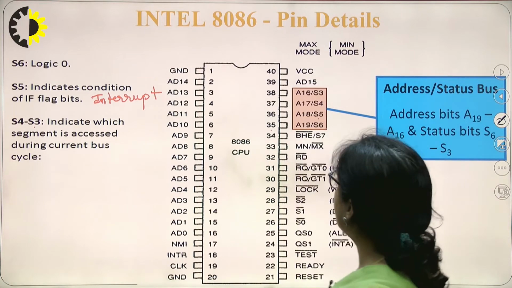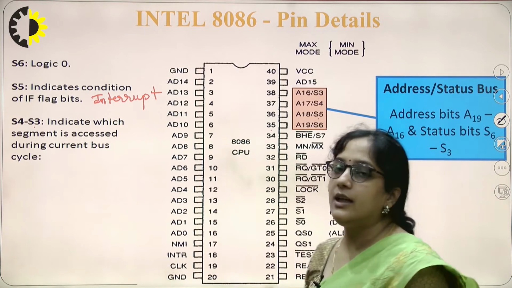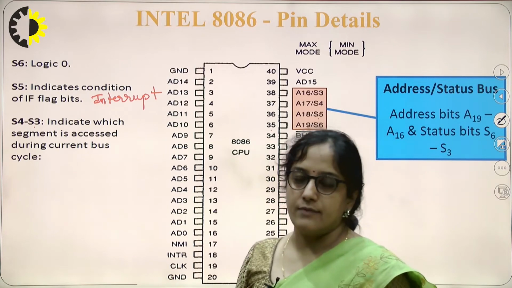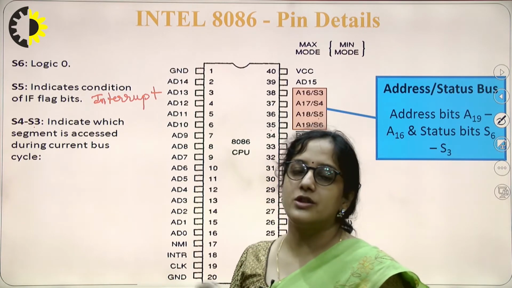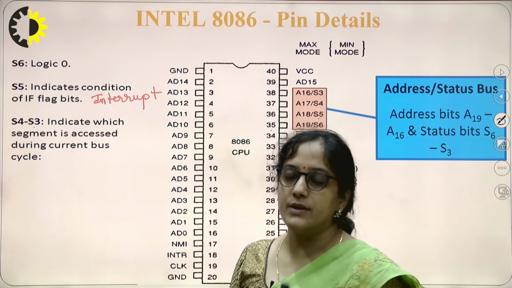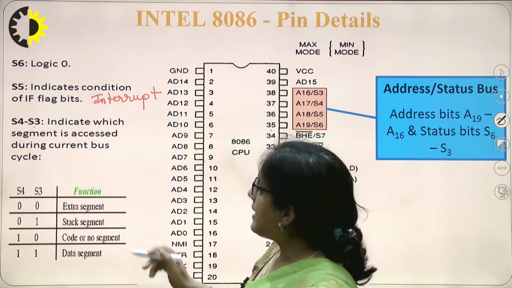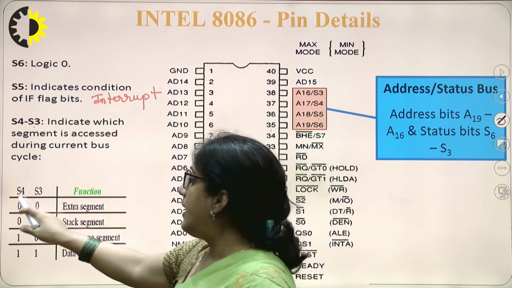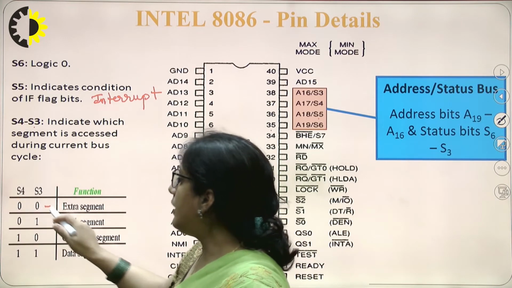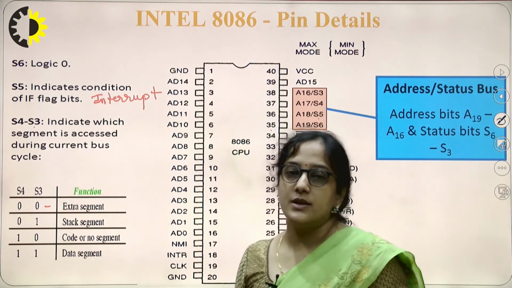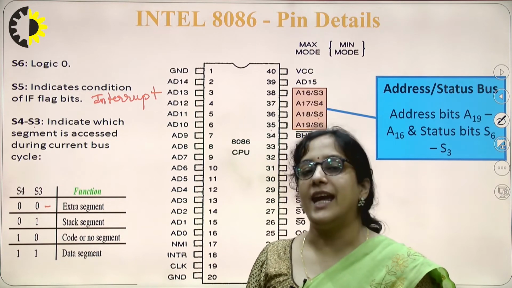So, the address lines carry which address, for stack segment or current code segment, meaning which part of memory the microprocessor is working with. If S3 and S4 are 00, it indicates that the 8086 is working with the extra segment.